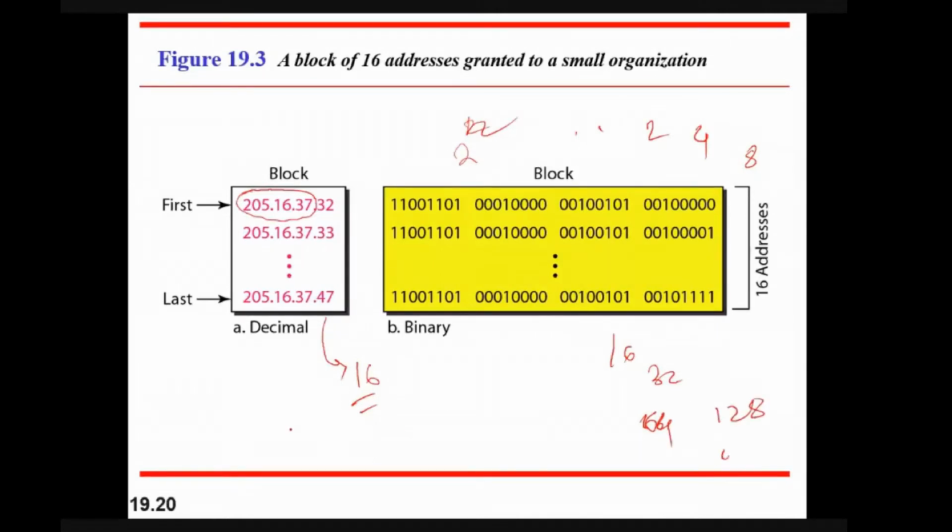With classful addressing, you had to assign at least 256 addresses, then 64K plus, and then 16 million plus, which is not an efficient way of distributing IP addresses. That's why classless addressing is very useful, in which you can allocate addresses in any power of 2: 2 raised to 1, 2 raised to 2, 2 raised to 3, 2 raised to 4, 2 raised to 5, and so on.